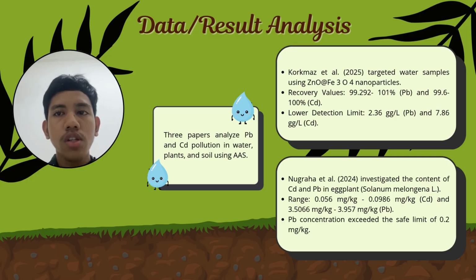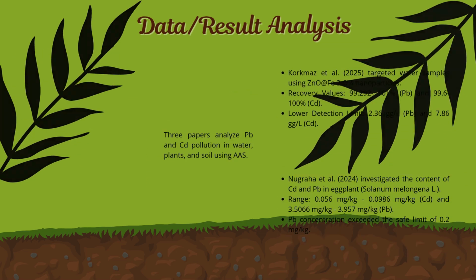2024, the content of Pb and Cd in eggplant at the Pontianak market in Indonesia. The Cd ranged between 0.056 micrograms per liter and 0.0986 micrograms per liter, and Pb concentration at the safe limit of 0.0 micrograms per liter in the two samples, implying they are polluted by agriculture input and urban pollution.